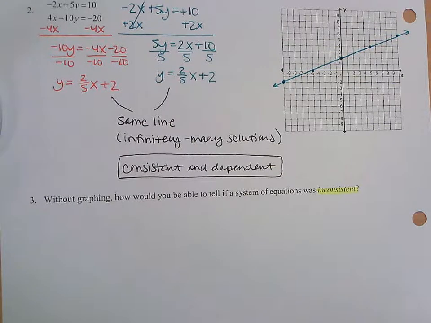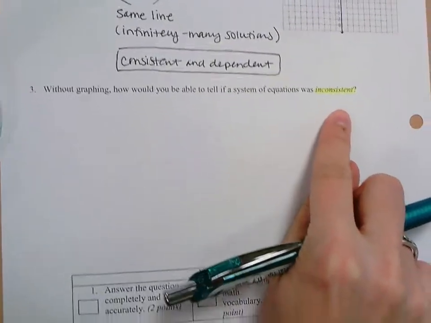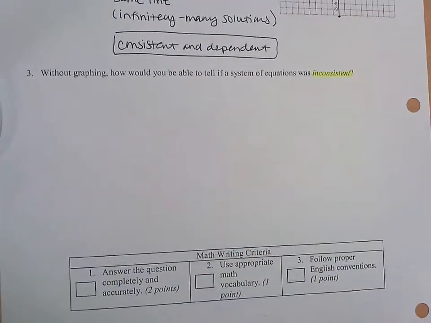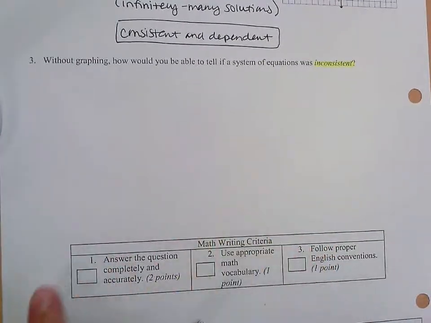And then why would the slope have to be the same and the y-intercept different? Okay, and what type of lines are they?